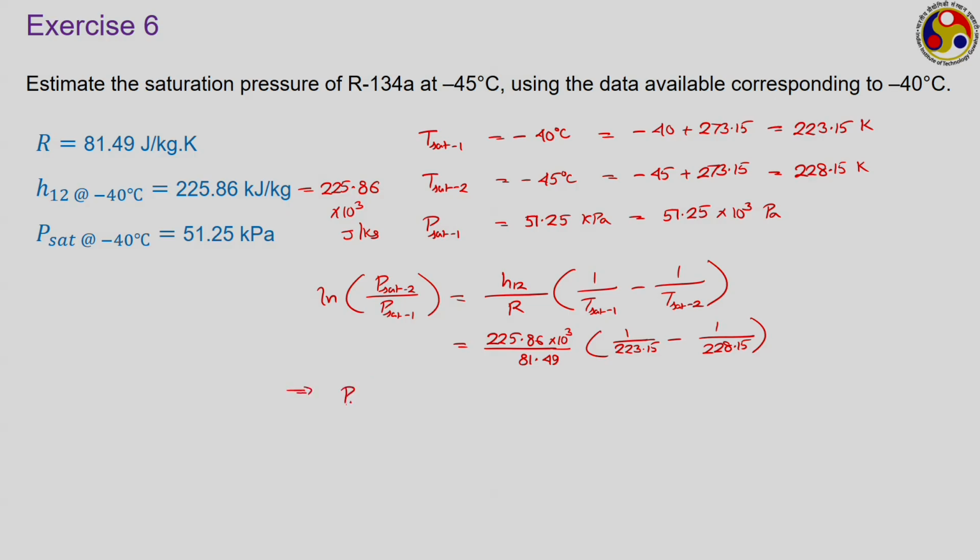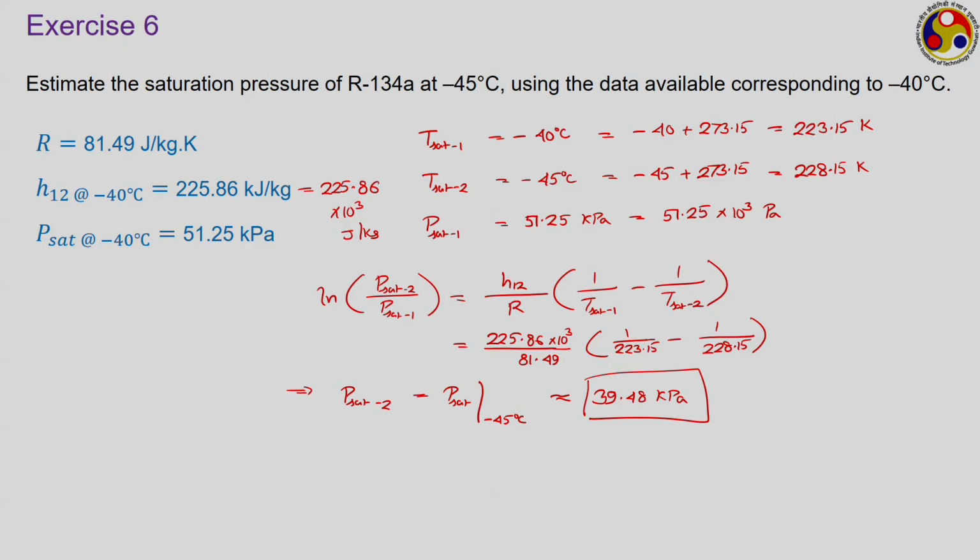If you put that, the second saturation pressure, that is your P_sat corresponding to minus 45 degree Celsius of saturation temperature, will be coming to be something like 39.48 kilopascal, which is the desired result that we are looking for.